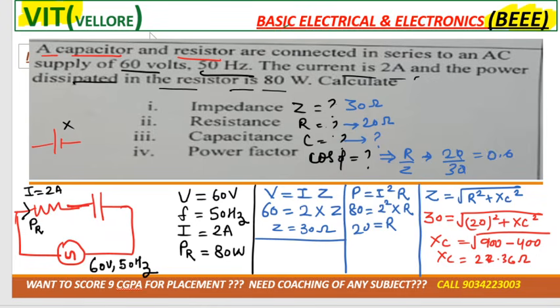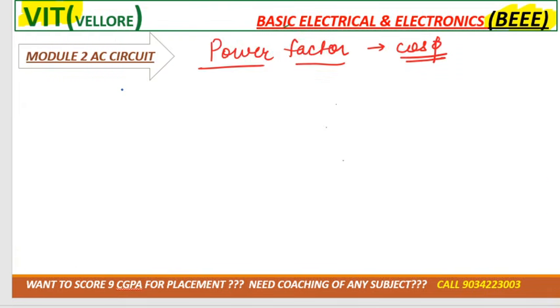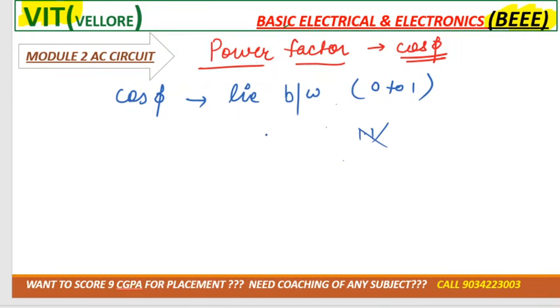One thing you must remember about the power factor is that it always lies between 0 and 1. If you get a value greater than 1, that means you have calculated wrong.